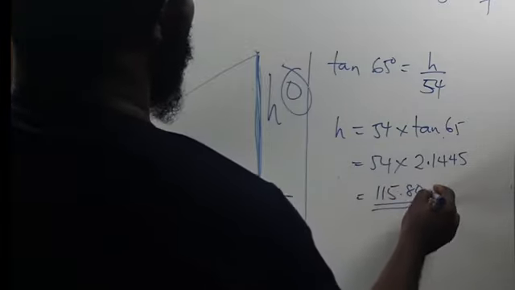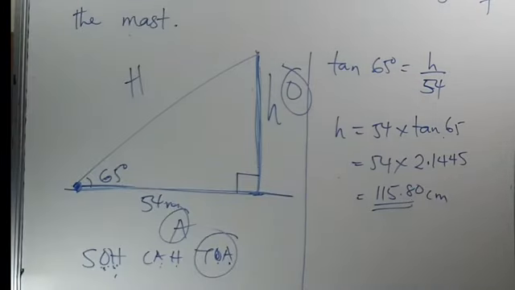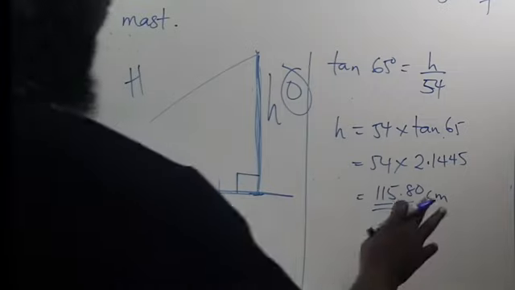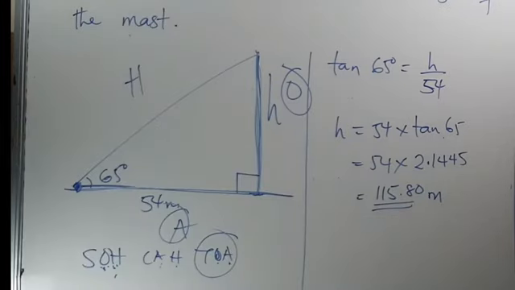So that is the height of the mast: 115.8 meters is the height of the radio mast. So we look at the next one.